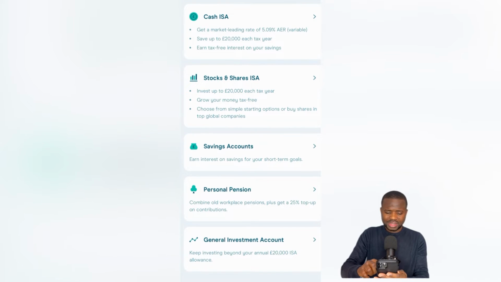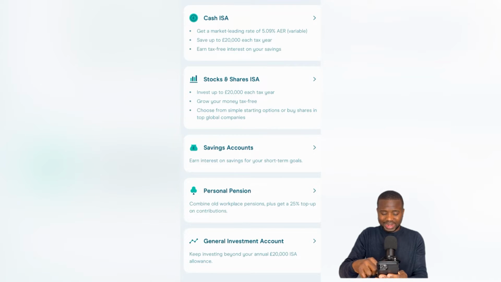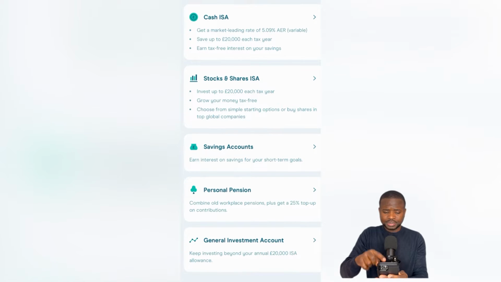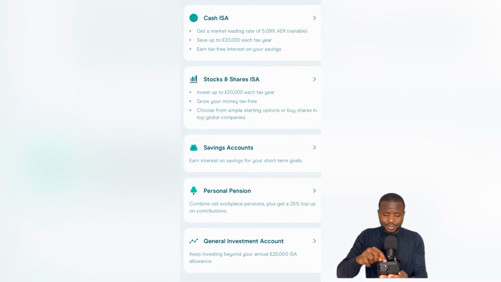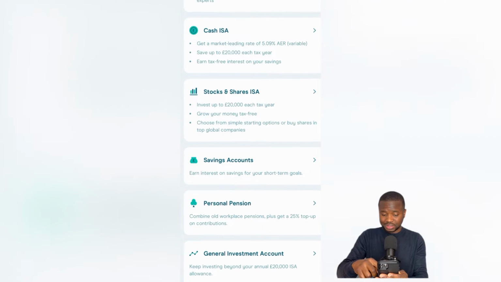You'll also see the savings account option, and then the general investment account. Of course, there's also the personal pension you can use, and I have a whole video on the personal pension. I'll put a link to that also in the description box below. But really, the difference between the cash ISA and the savings account is that for the savings account, if you earn interest beyond a certain amount, you may have to pay taxes on it.